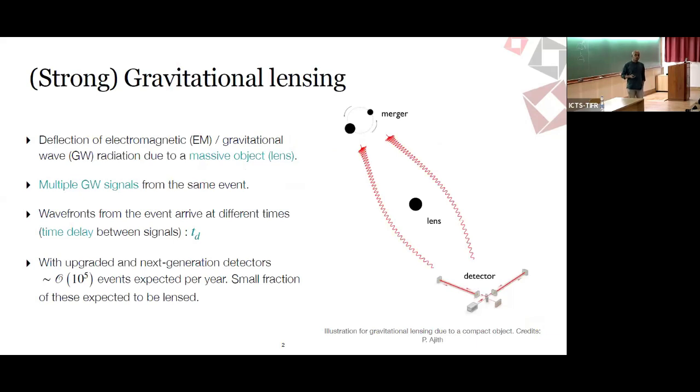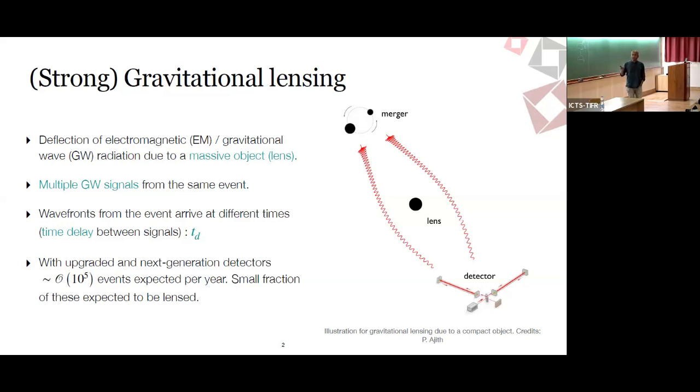Okay, so what is lensing? Specifically, what is strong lensing? So when you have a binary merger, let's say you have a circular binary here that is being merged, you observe gravitational waves from it. And if suppose there is a compact object lying in between the source and the observer, the space-time nearby this object gets deformed because of the presence of the object itself.